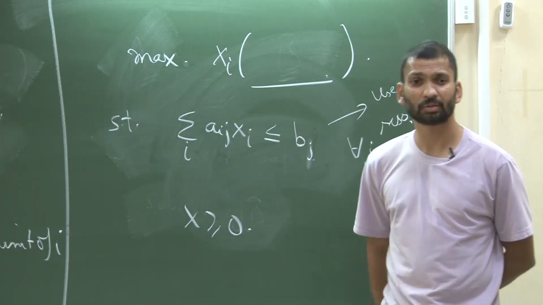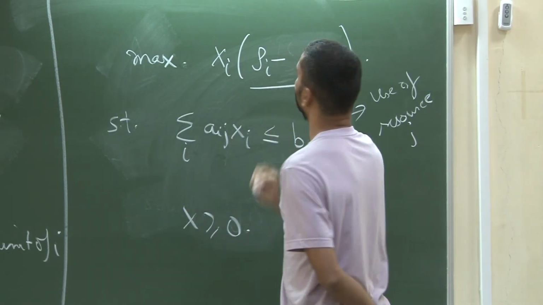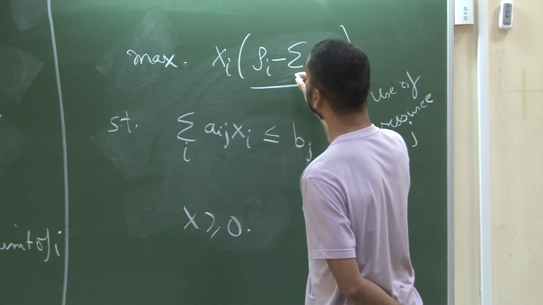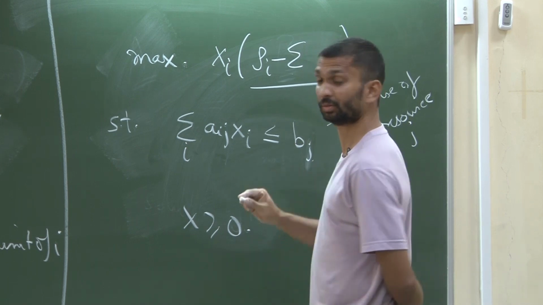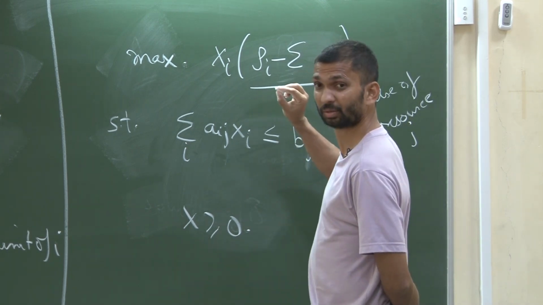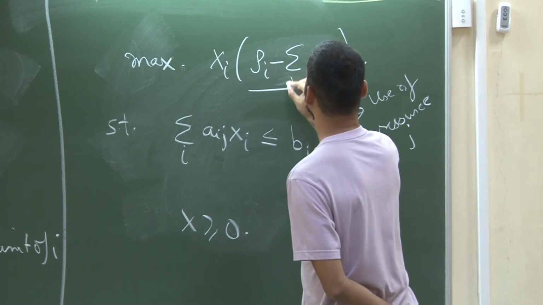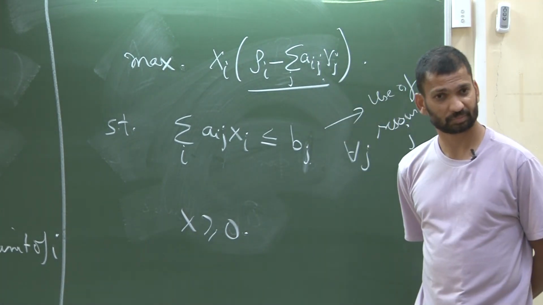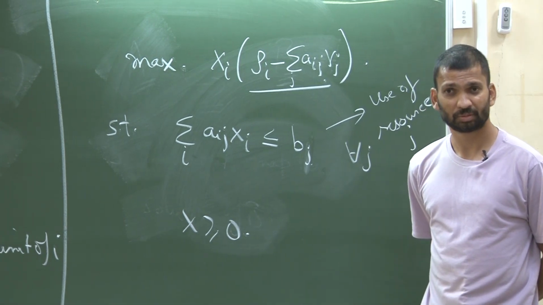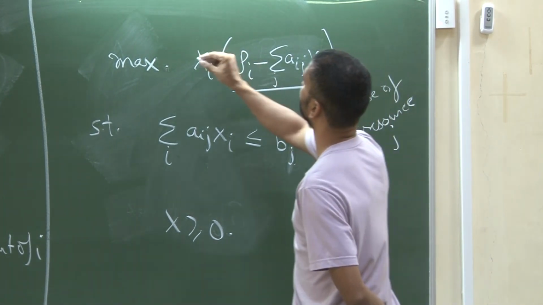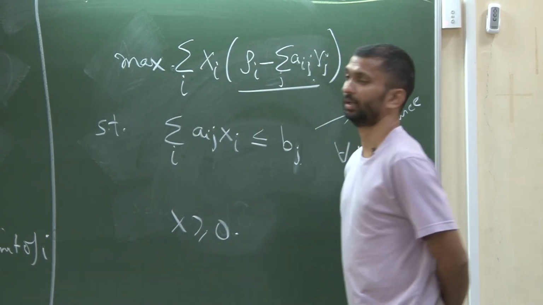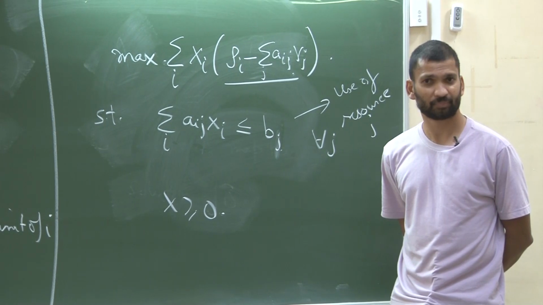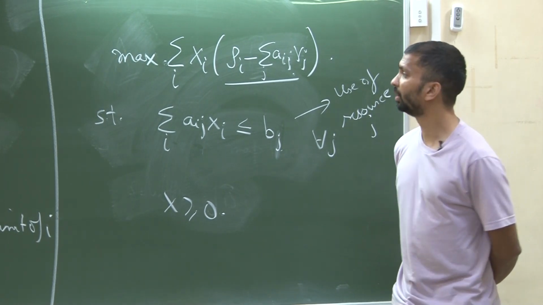So what will come here? Yeah. That's rho i for me. Summation over... Summation over... Correct? Great. Right? This is completely fine. Okay.